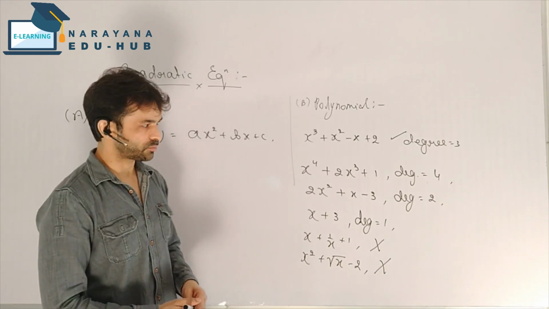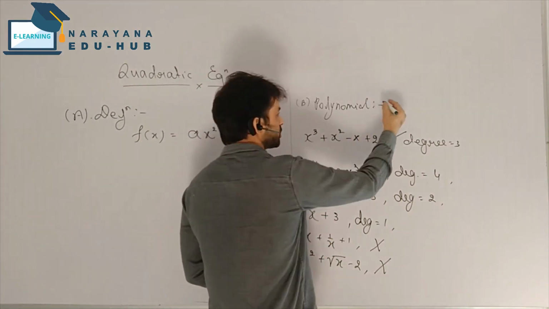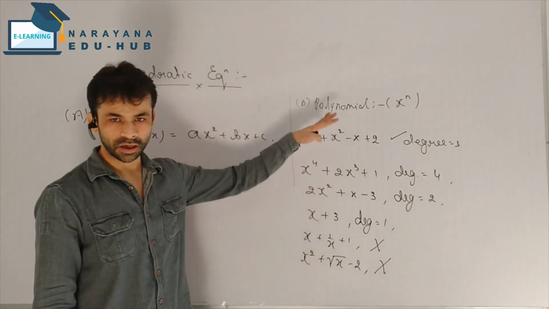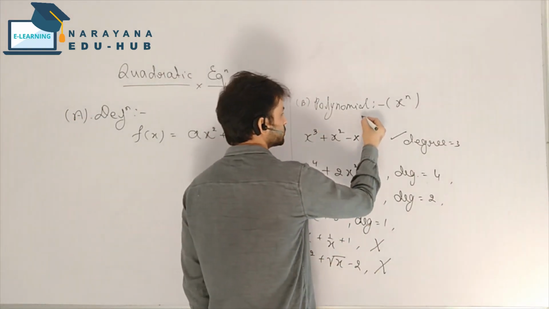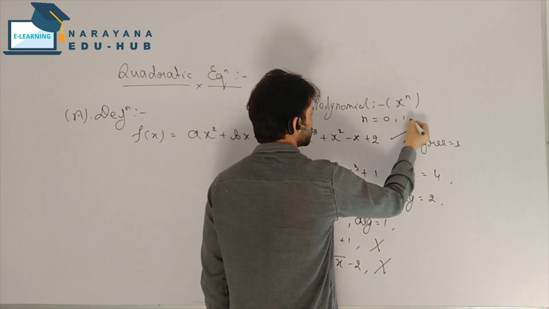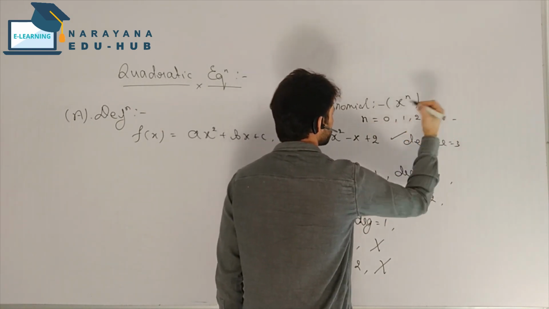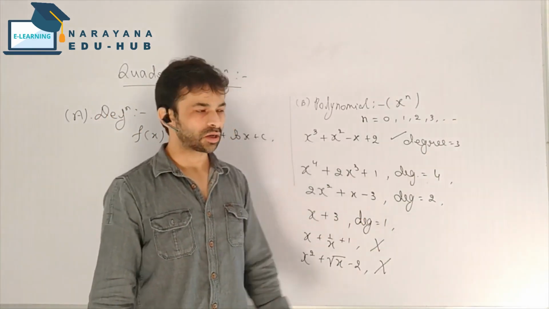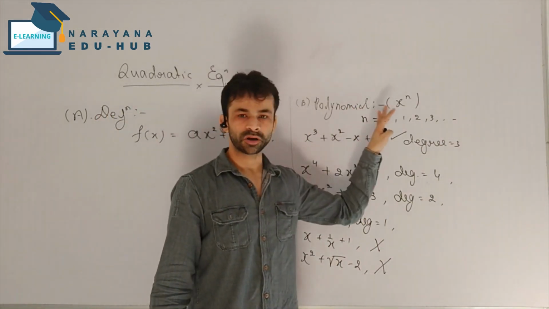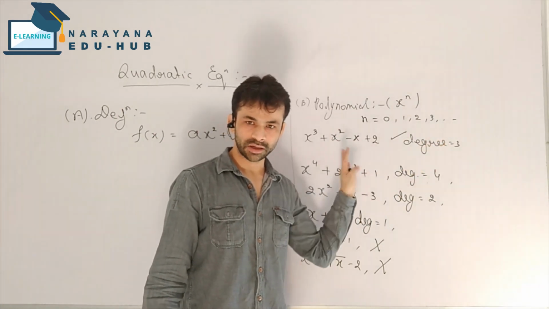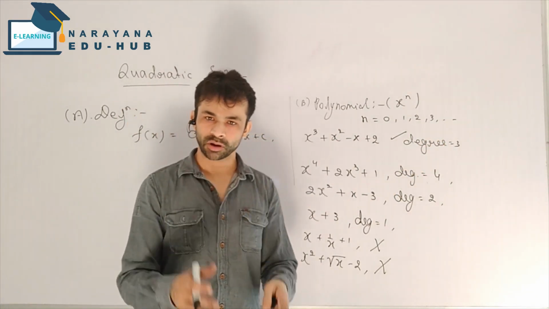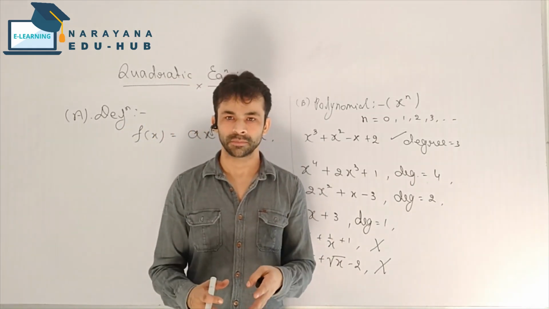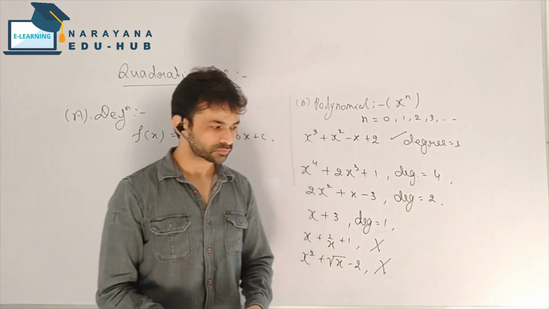All the terms have to be of the type x to the power n, where n is 0, 1, 2, 3, and so on, meaning n is a whole number. So this is the definition of a polynomial. Things should be very clear to you because this is important and we will be using it up to the IIT exam.